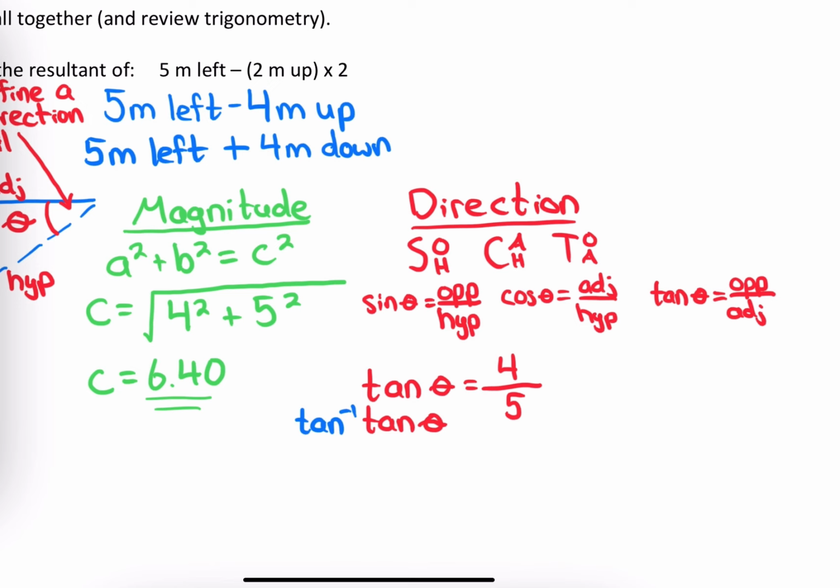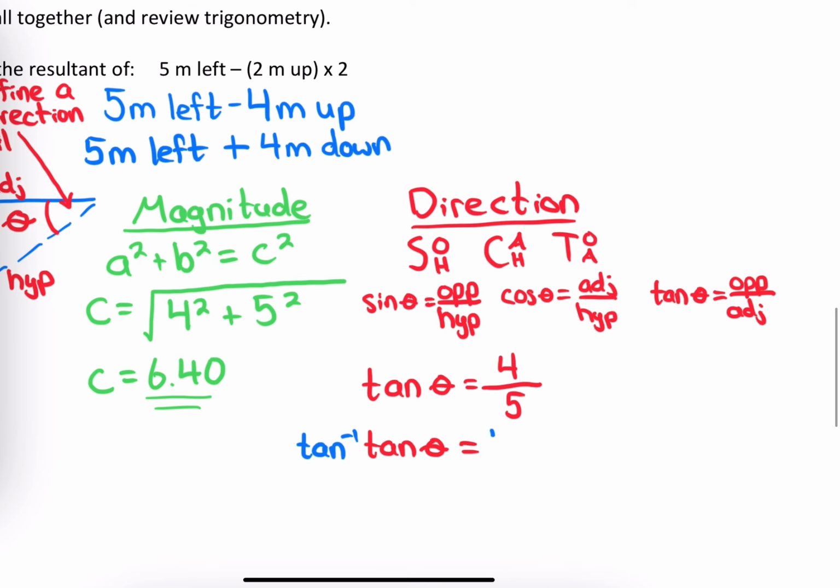Let's just move this down a little bit. And the rule is if I do something to one side, I have to do the same thing to the other side. That's sort of basic algebra.